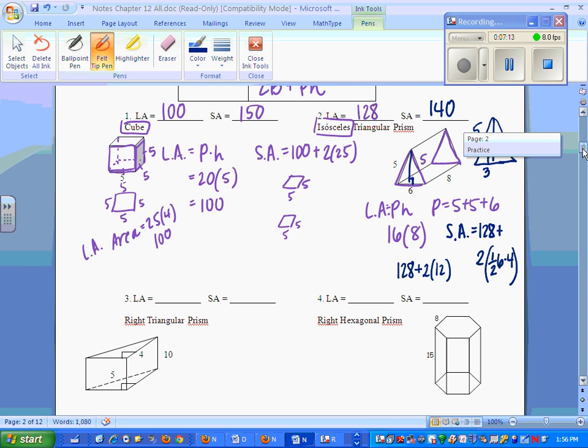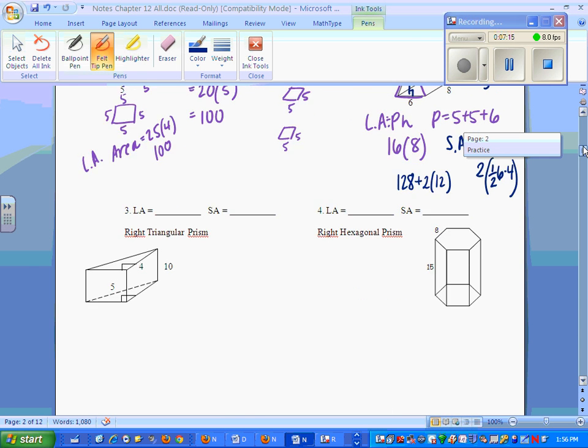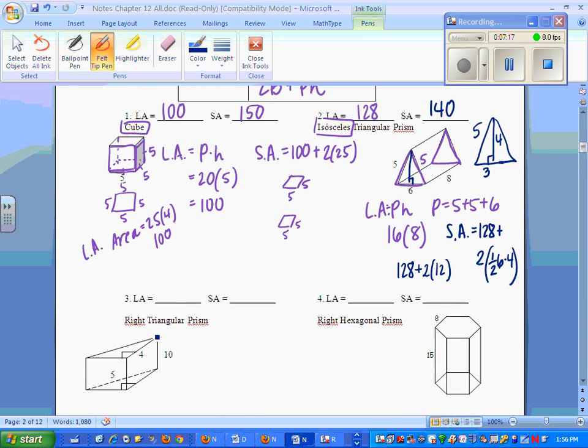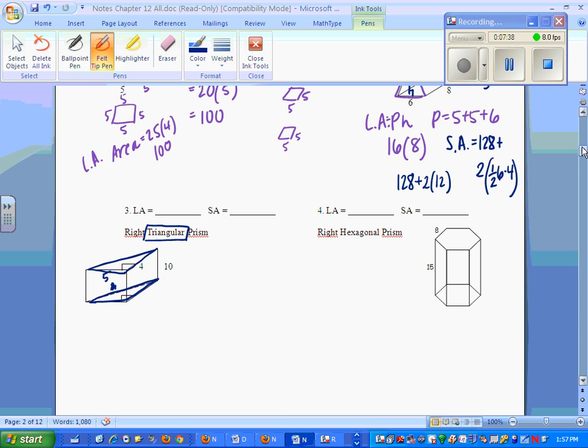Moving on. Number 3, right triangular prism. Again, here they're telling us that the triangles are the base. So we need to figure out what the lateral area is.